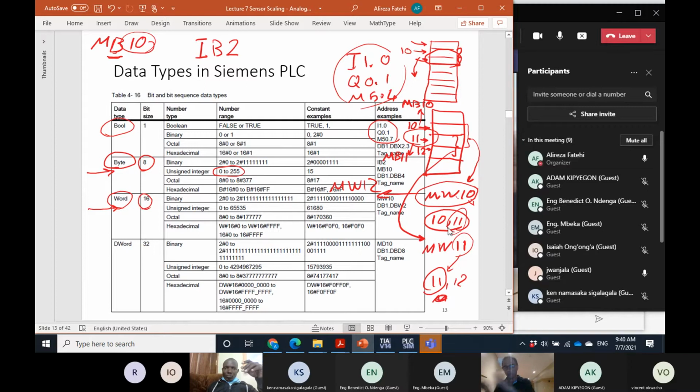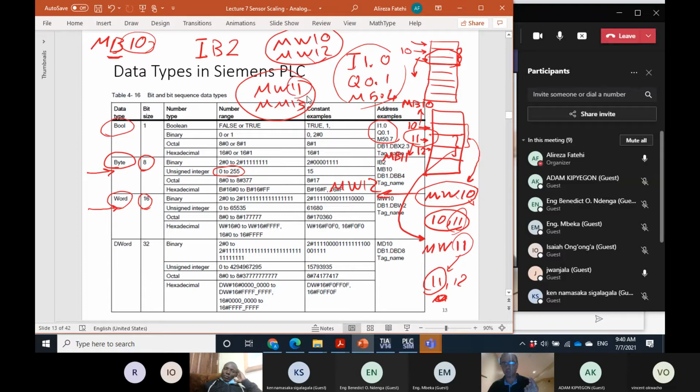If I use 10, I shouldn't use 11; if I use 11, I shouldn't use 12. It is not even based on odd and even numbers. You can have MW10 and MW12 in your program, or instead MW11 and, for example, MW13. This is correct and this is correct; there's no conflict between them.